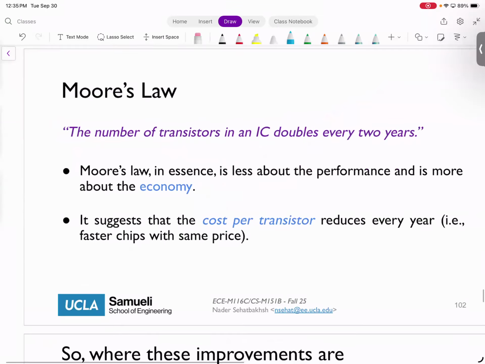And then the interesting thing about Moore's law is that beyond the fact that it improves performance, it's also the law of economy. Basically, what it says is that since the cost of the entire thing stays the same while I'm doubling the number of transistors, the cost per transistor is decreasing. In other words, the reason that the new chip has the same price as the previous generation of the chip is that we managed to build more transistors at lower cost.